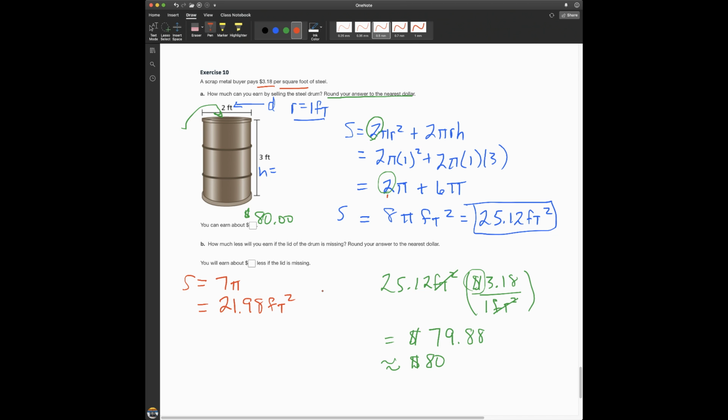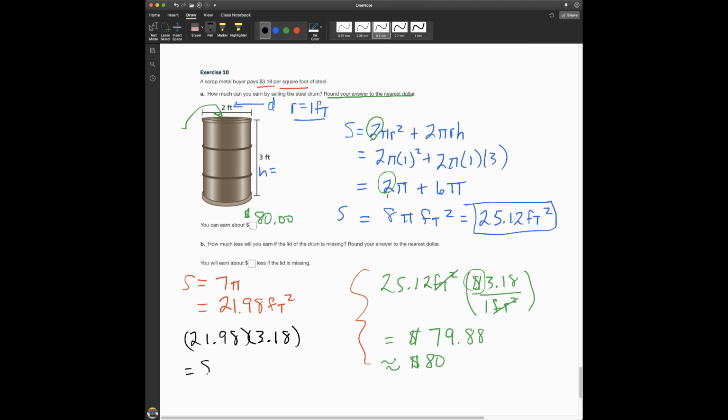And I do the same thing that I did here. So we can figure out the cost, how much I'm going to make. So it would be 21.98 times 3.18.